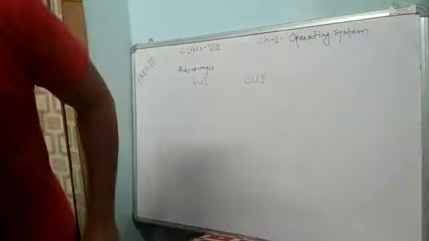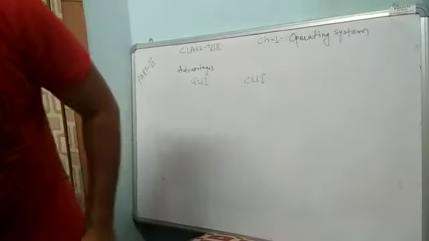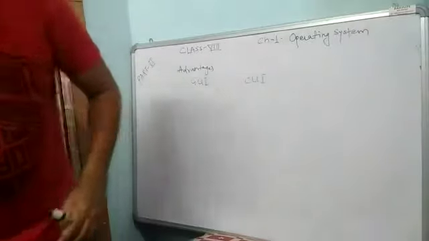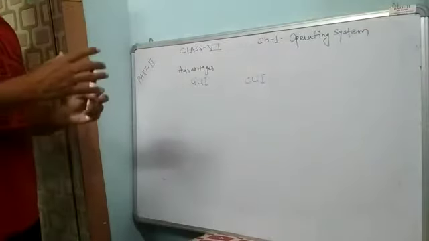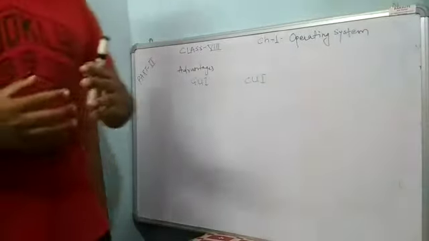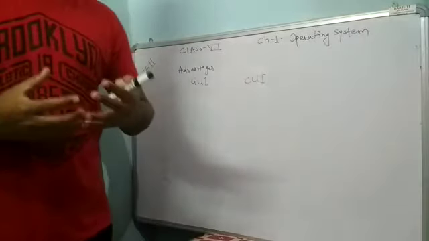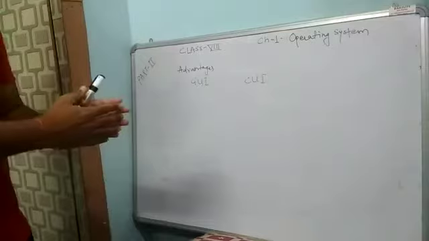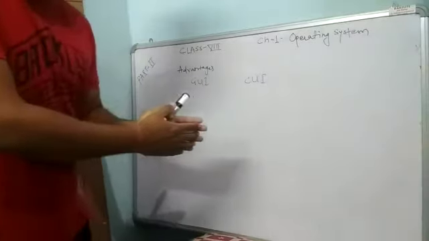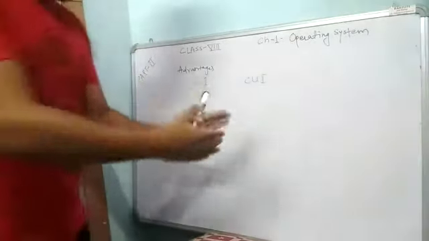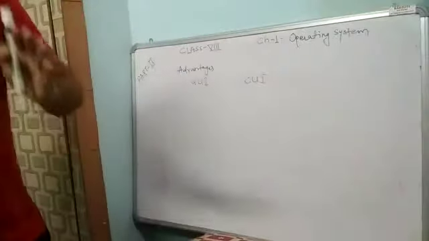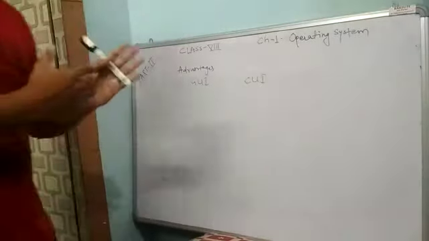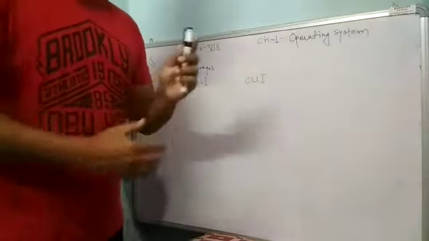Okay, so let's start with the advantages of GUI. GUI, as I told you, is very attractive and very appealing, just because it's a graphical interface. On the other hand, CUI is less attractive and less appealing, just because there is no graphical interface.